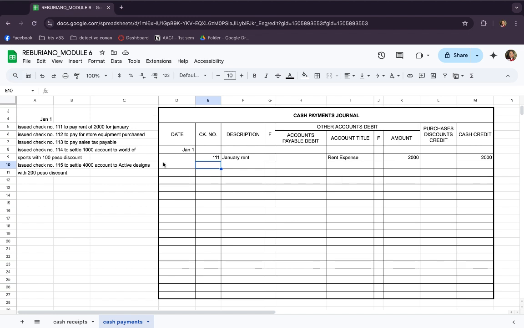Next, issued check number 112 to pay for store equipment purchased. Let's say, 5,000 pesos worth.